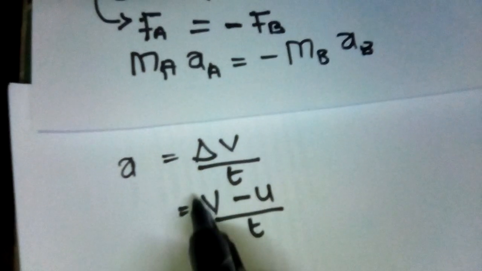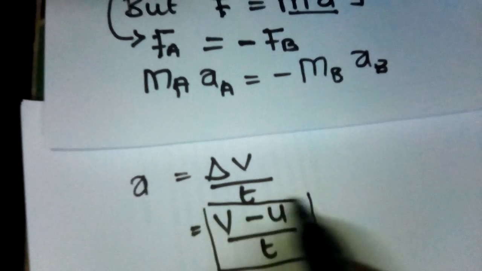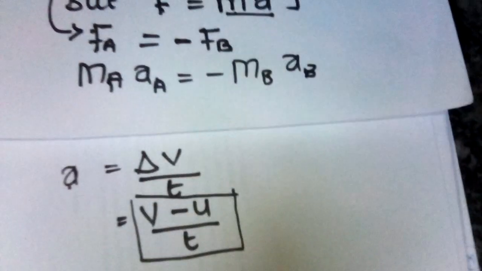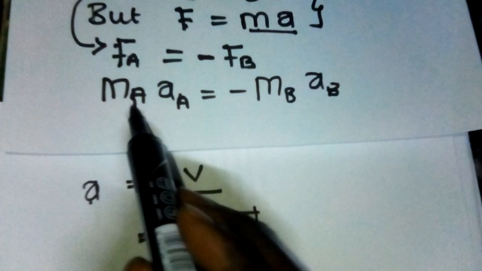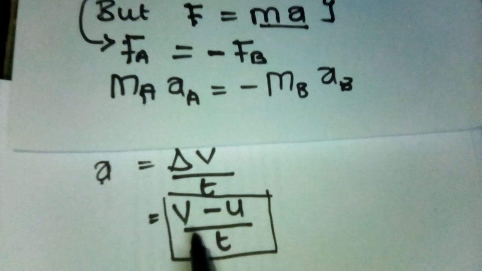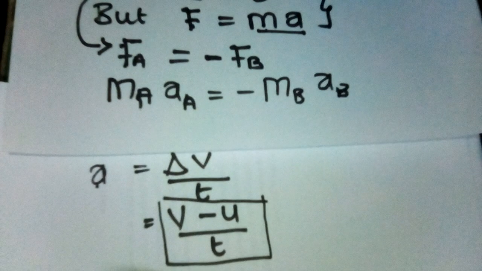Now, we can simply substitute this wherever we see acceleration in our equation. I guess this is very much visible. So, in this equation, we are going to substitute this where there's acceleration.